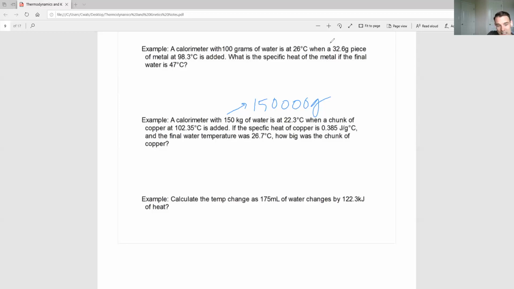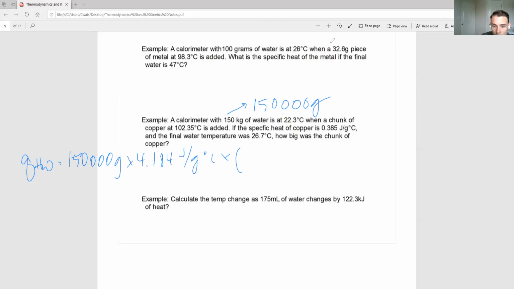Calorimeter problem, we still need to start with the Q of the water. So I have a lot of water, 150,000 grams. I still know what the C is, 4.184 joules over gram degrees Celsius. And then the change in temperature.